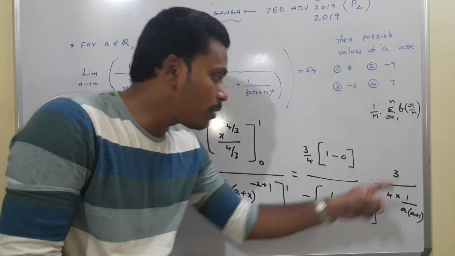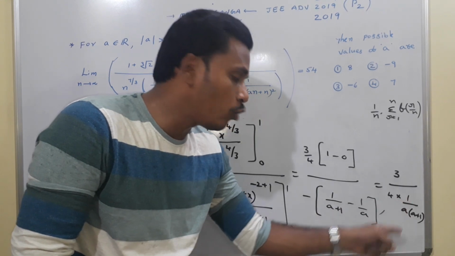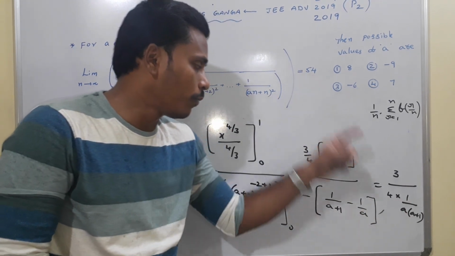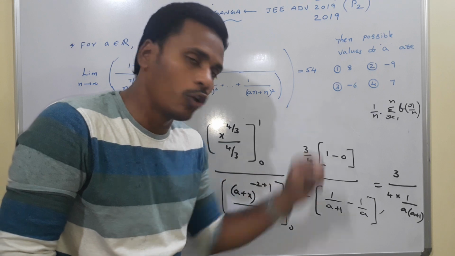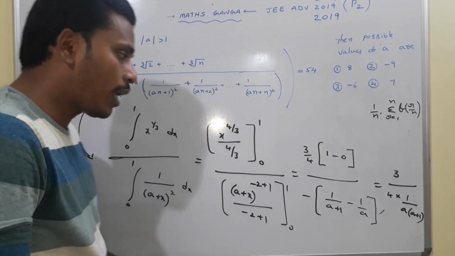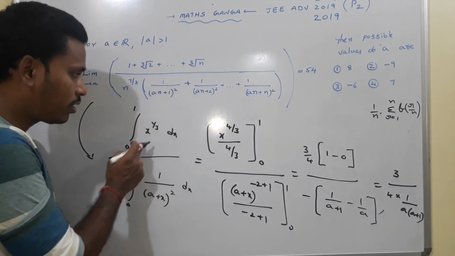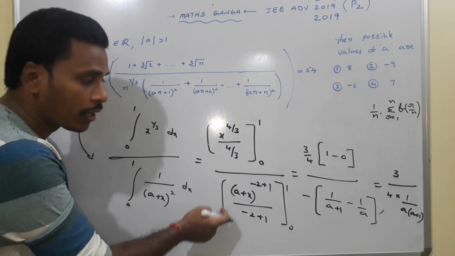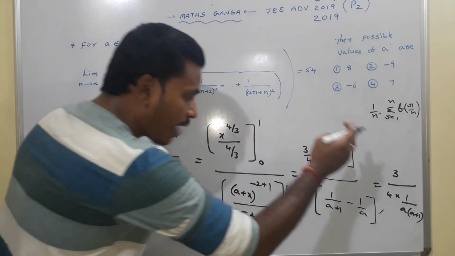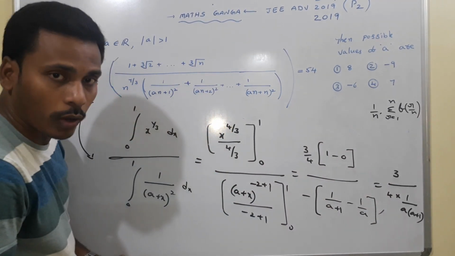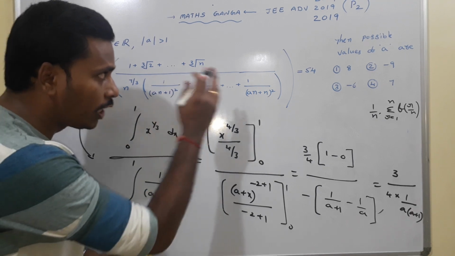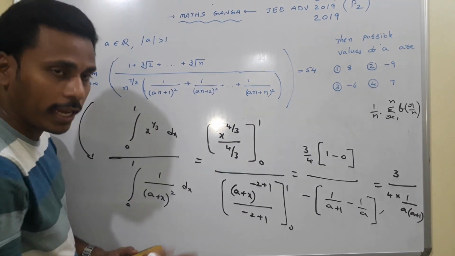Right? This (3/4) into 1/(a(a + 1)) is given as 54, and we equate it to 54 to get the value of a. So this is the integration, and by applying the limits, I simplify it like (3/4) into 1/(a(a + 1)), and we need to equate it to 54 to get the values of a.